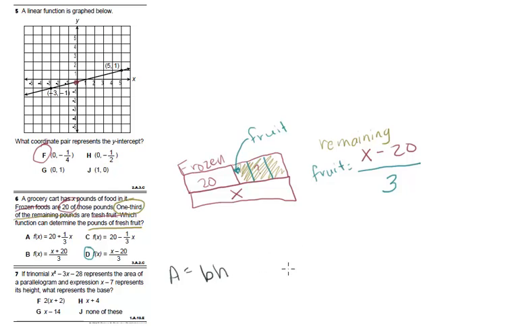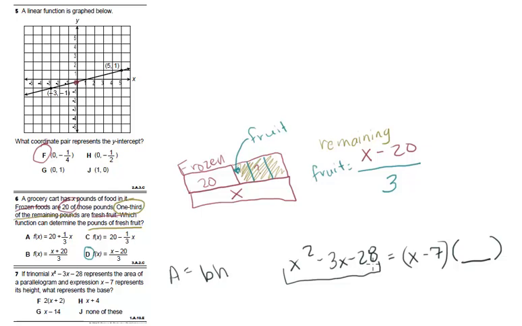We're given our area, and we're given our height, and we basically need to find what is this other factor that I'm multiplying by to get this product, x squared minus 3x minus 28. If I think about FOIL, obviously I can go ahead and divide this. To find this missing factor, I could divide x squared minus 3x minus 28 by x minus 7.